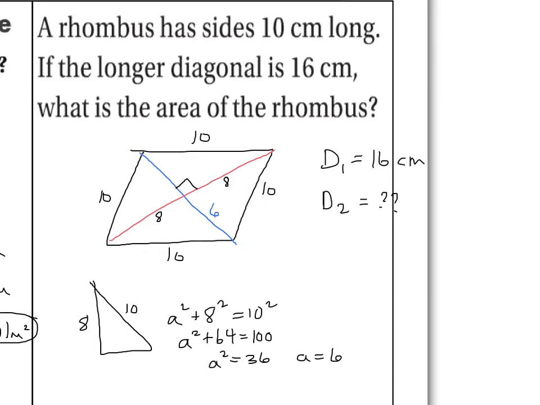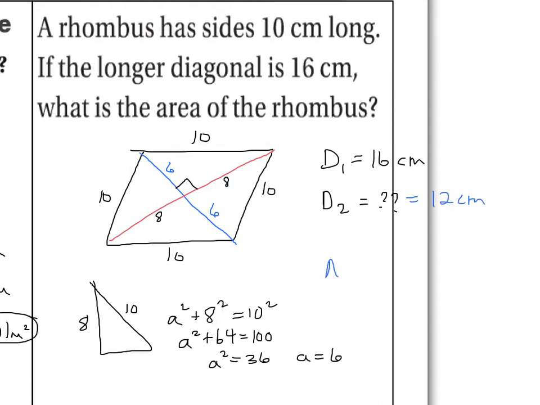Again, the diagonals of a rhombus bisect each other, which means that the other half is also 6 centimeters long. So now I can say that diagonal 2 is 12 centimeters long.